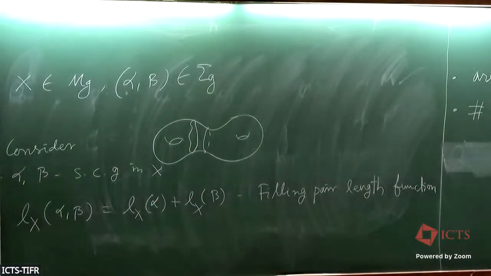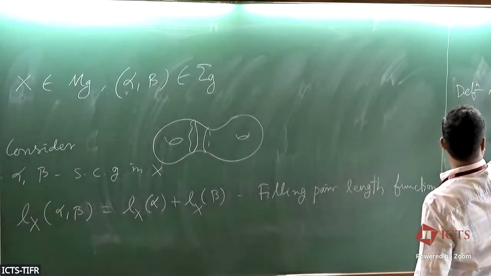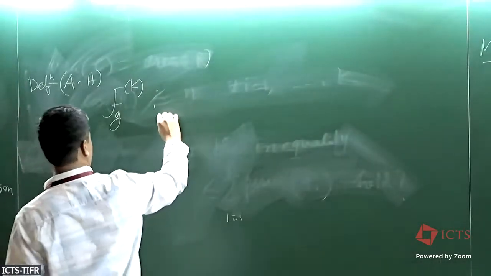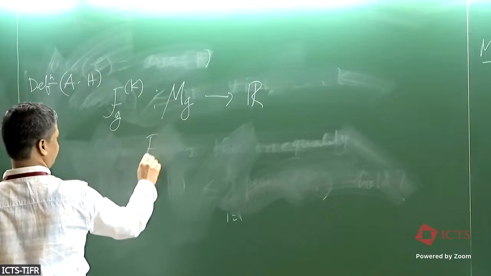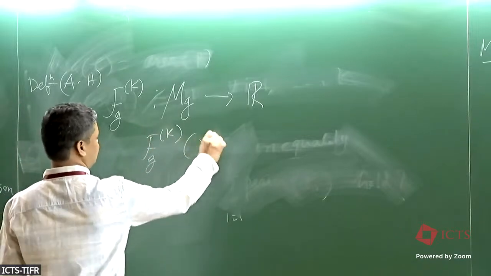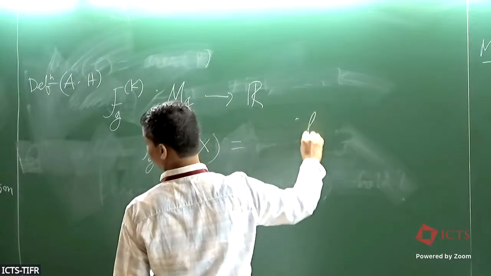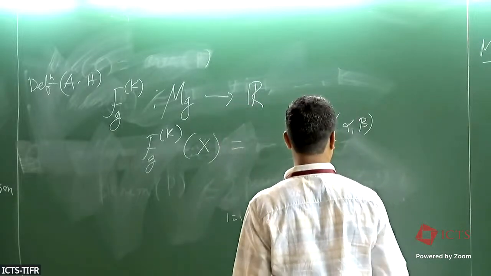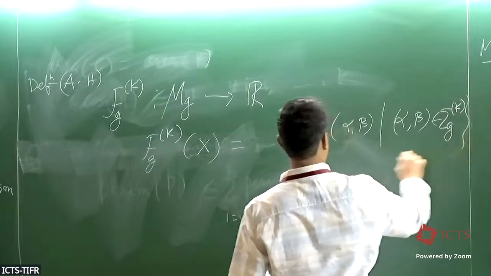Then we have a function. So the definition of the function: f_g^k is a function on the moduli space of genus g to the set of all reals, defined by f_g^k(X), where X belongs to M_g, equal to L_X(alpha, beta), where (alpha, beta) belongs to Sigma_g^k, and take its infimum.